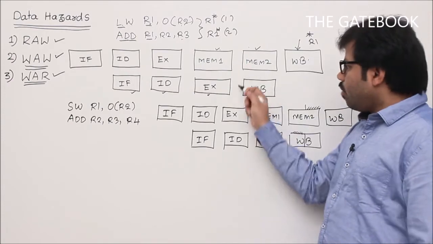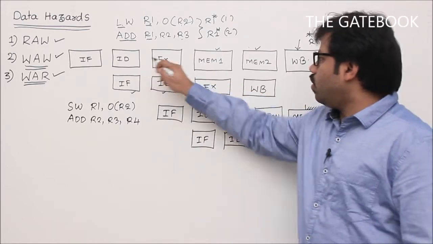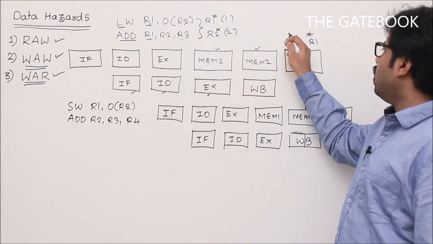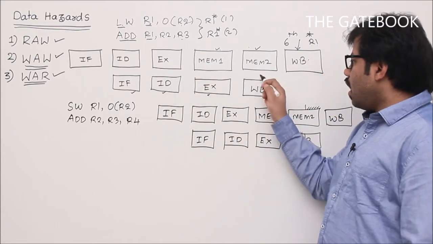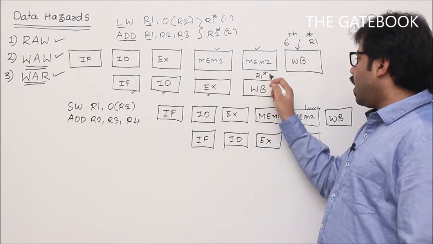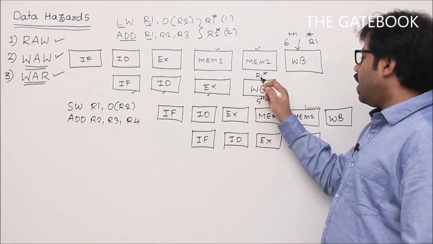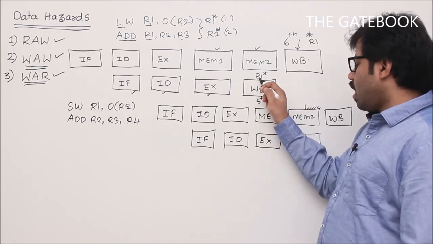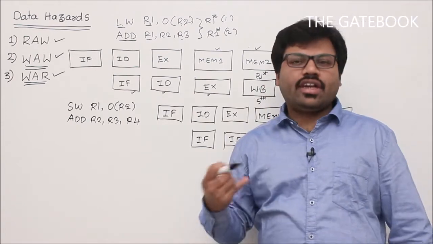But what is going to happen is, here R1 is modified in the 1, 2, 3, 4, 5, 6, 6th clock cycle. In the add instruction, R1 is modified in the write back stage, which is at the 5th clock cycle. Then this will be updated first. That means this instruction is updating R1 first, then the first instruction is updating R1 later. Then you get a wrong answer.